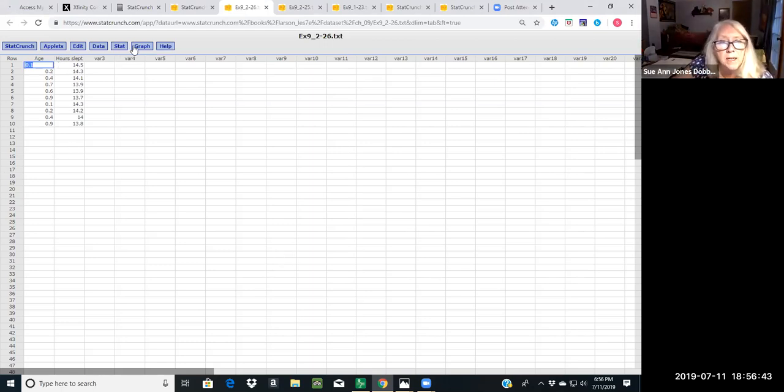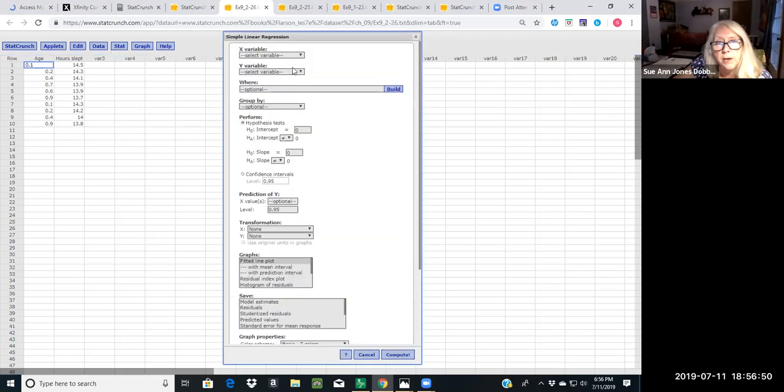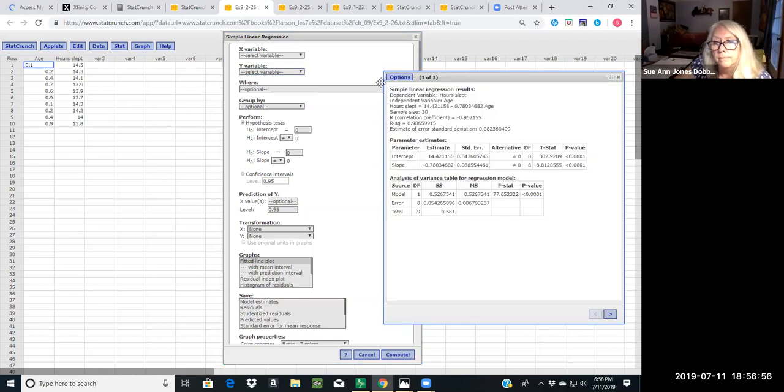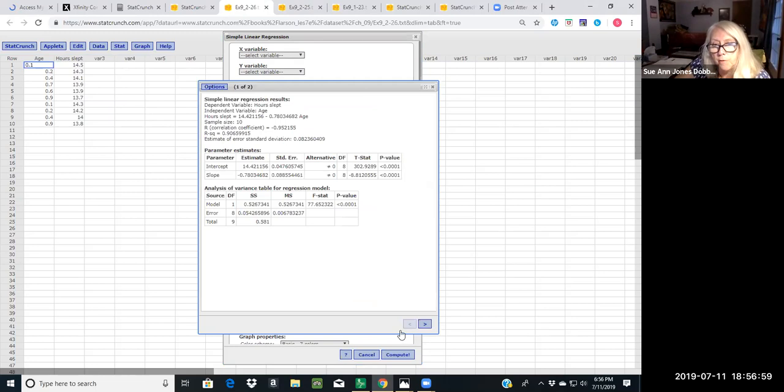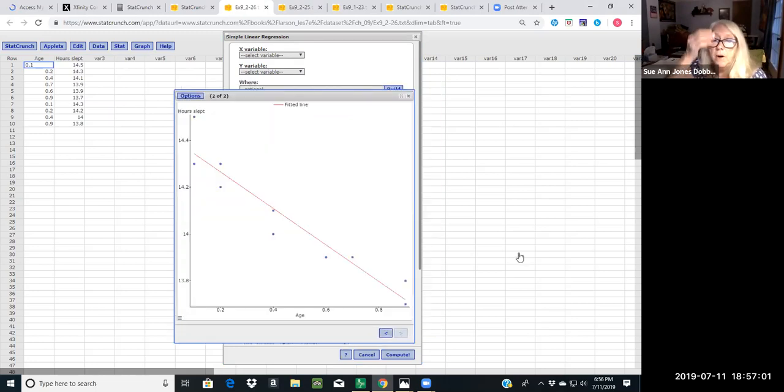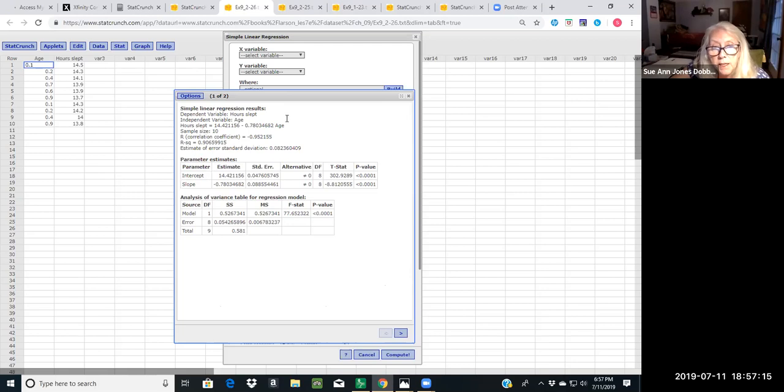And when I go and do the linear regression here, again, age is the X variable, hours slept is the Y. I'm going to go over and look at it. Oh, okay. Well, this is a linear relationship, but notice that the slope of this line is negative. So when I go back to my computation, here's what I've got.